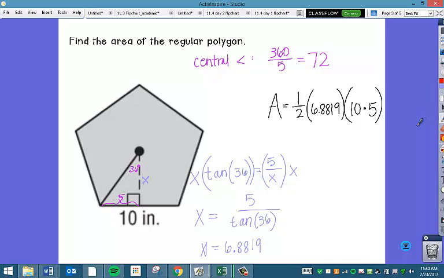So my perimeter is 10 plus 10 plus 10 plus 10 plus 10, 10 times 5, 50. I can just type all of this into my calculator. Remember, I'm using this long, crazy decimal that's stored in my calculator instead of rounding it. And so the area of this pentagon is 172.05, rounded to the nearest hundredth. And my units, since it's area, are inches squared. The area of this regular pentagon is 172.05 square inches.